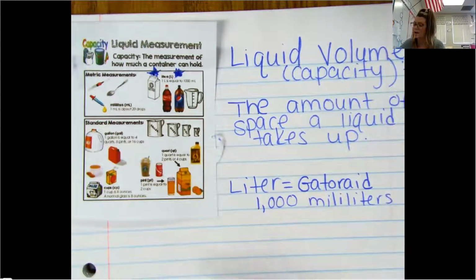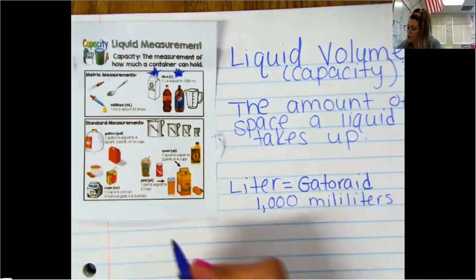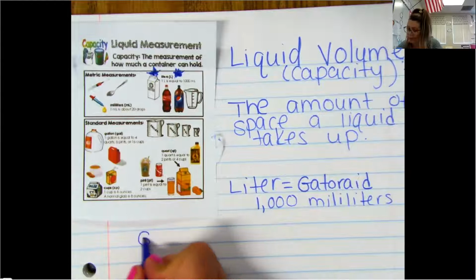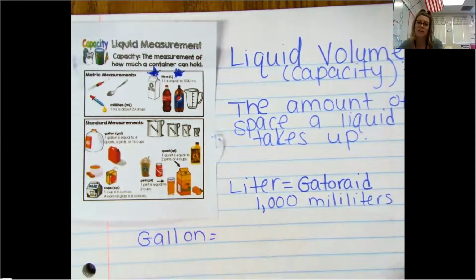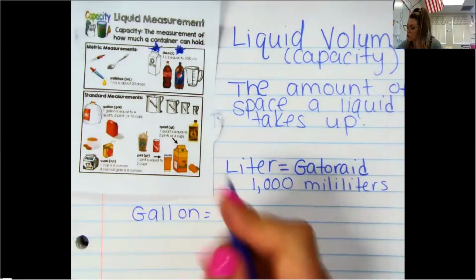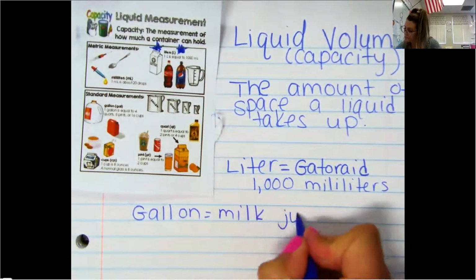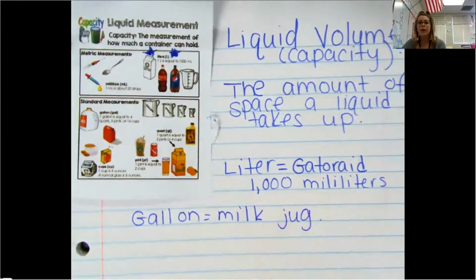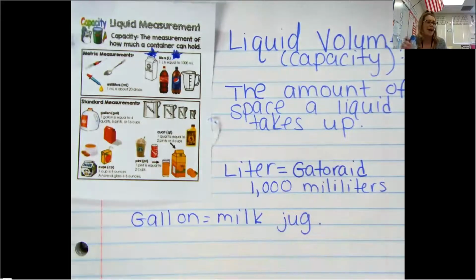And then another one that we normally measure for our liquid volume would be a gallon. Okay, and that's equivalent to like the milk, the big milk jugs. Okay, guys, so I want you to keep this close by for our math today.